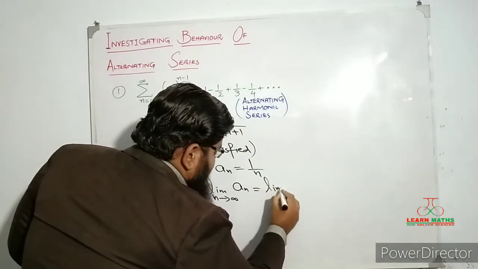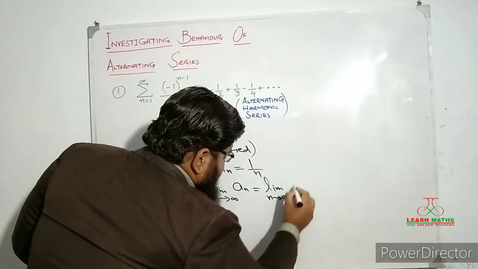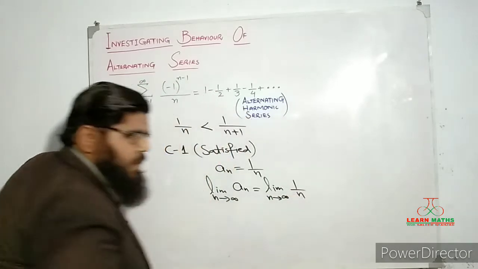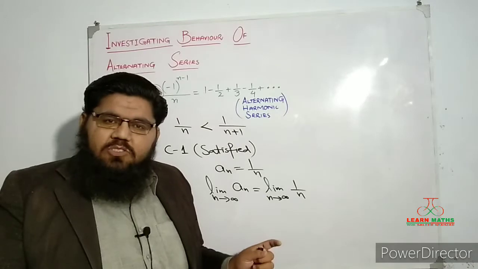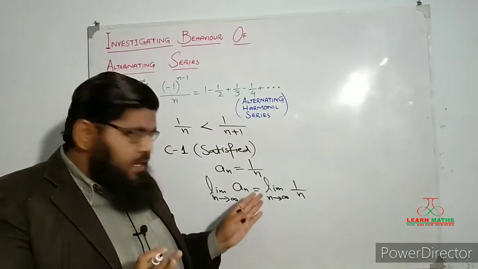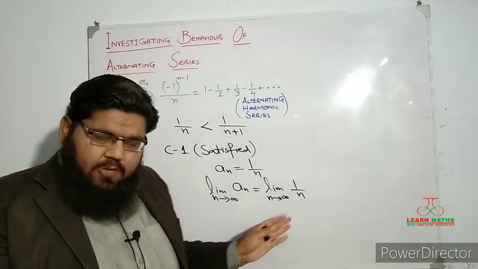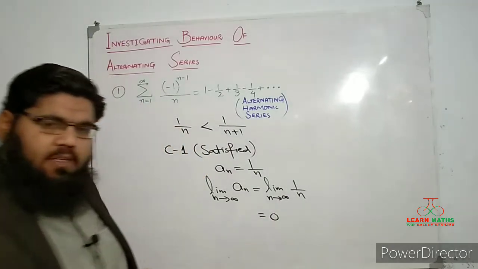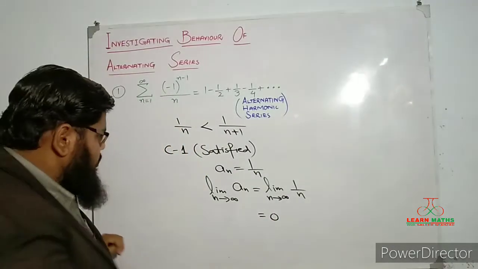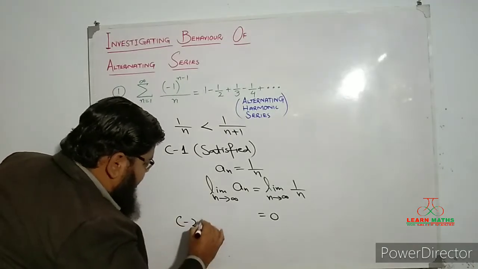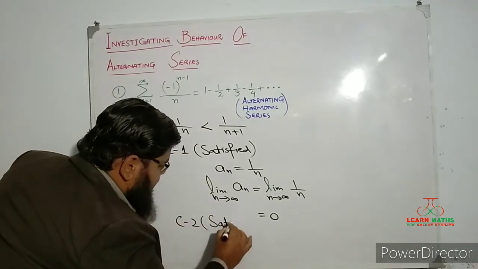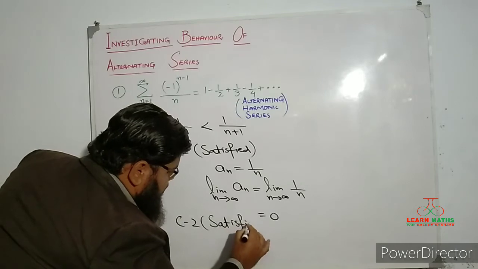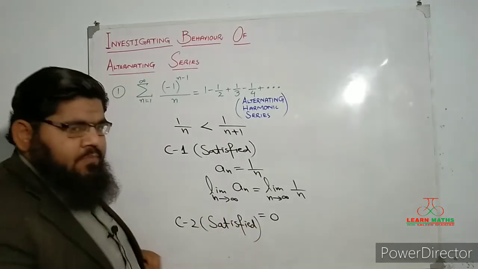It means we are actually taking the limit as n approaches infinity of 1 over n. And from your basic calculus course, you can easily find the answer to this, which in this case is 0. So C2, condition 2 of the alternating series test, is also satisfied.